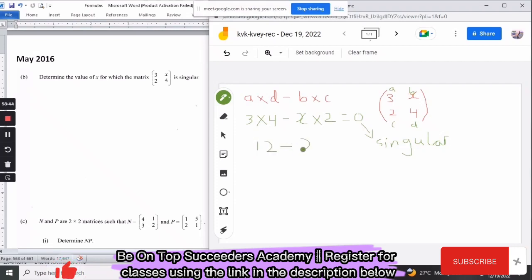Subtract x times 2, which gives 2x, is equal to 0. The next step is that we need to isolate the x, or get the x by itself. Therefore, we need to move any other number that's on the same side of the equal sign as the x.